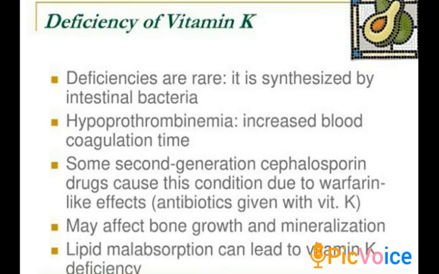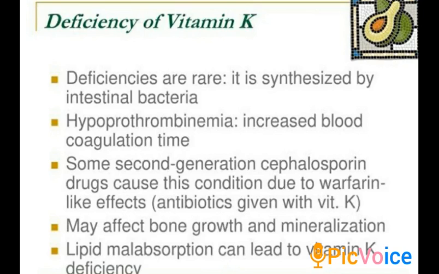Deficiency of vitamin K may lead to the condition called hypoprothrombinemia, that is increased blood coagulation time. Although this condition arises rarely, it can be life-threatening. Adults are usually protected from lack of vitamin K because vitamin K is widely distributed in plants and animal tissues, and microbiological flora of the normal gut synthesizes menaquinones.